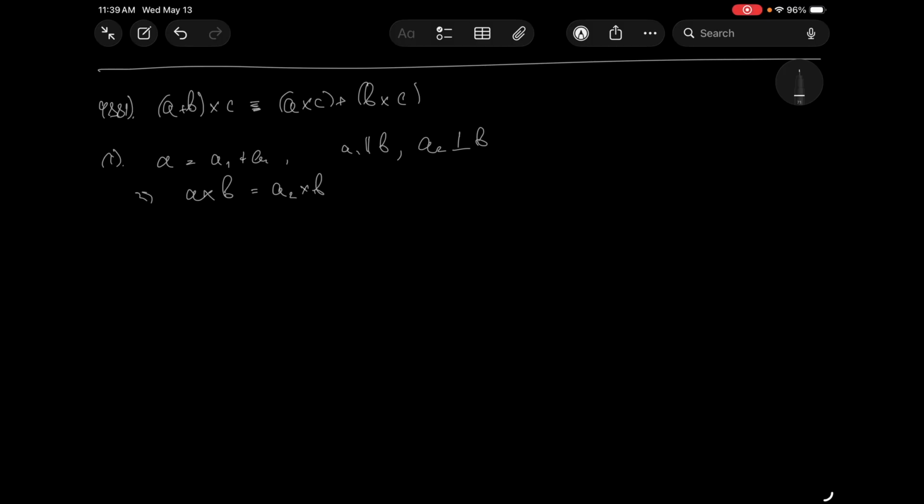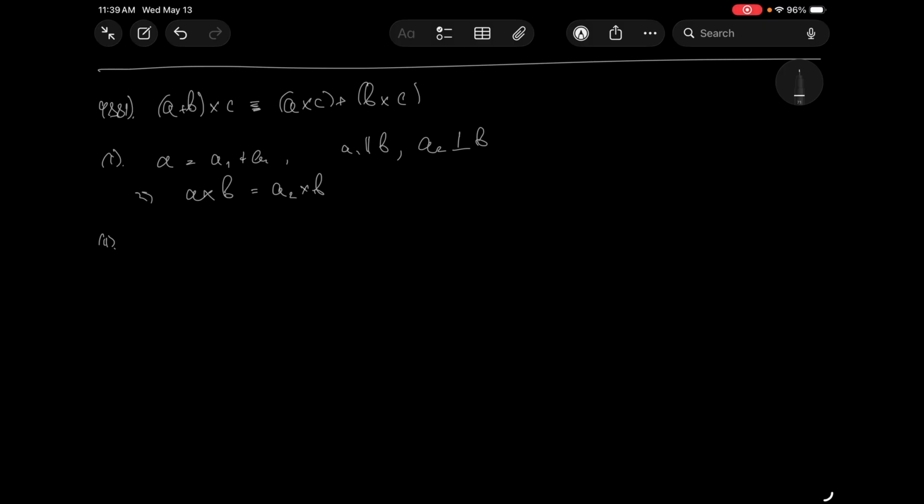Obviously, because A1 is collinear, they annihilate themselves. So how can we use this property to prove the right distribution? It's a little bit tricky and complicated, and definitely not obvious at first glance, but let me demonstrate.